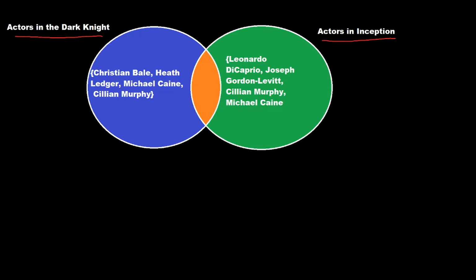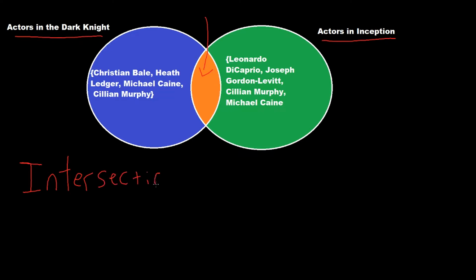Now, for those of you who have seen these movies, you'll know that these aren't complete casting lists, but at least two of the actors who are in The Dark Knight are in Inception. The orange area on the screen represents what is known as an intersection in set theory.